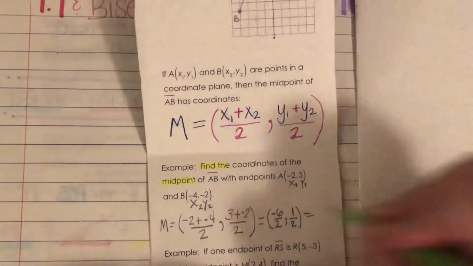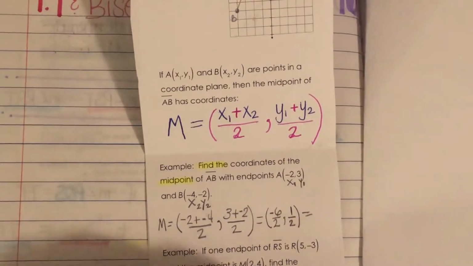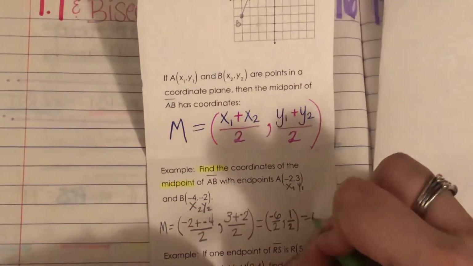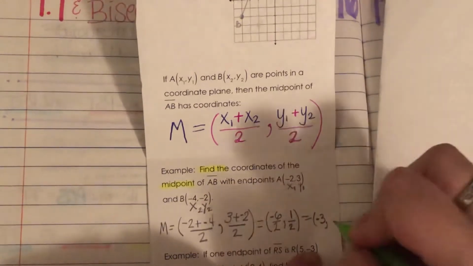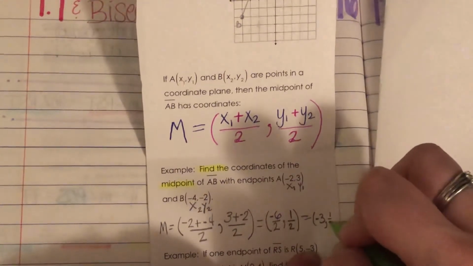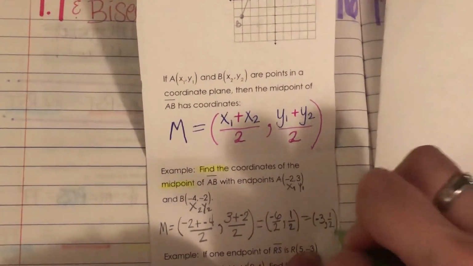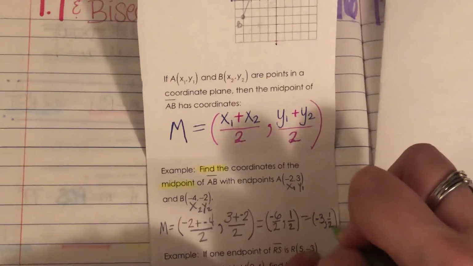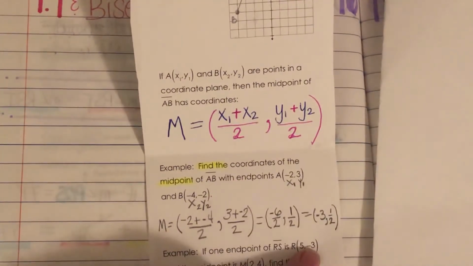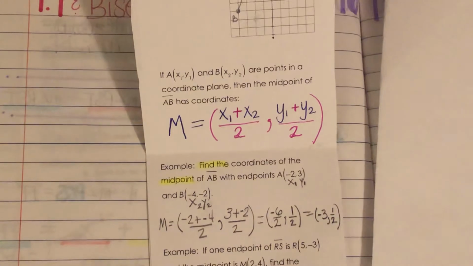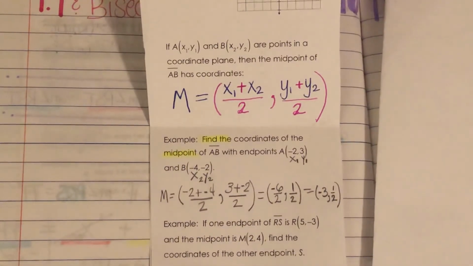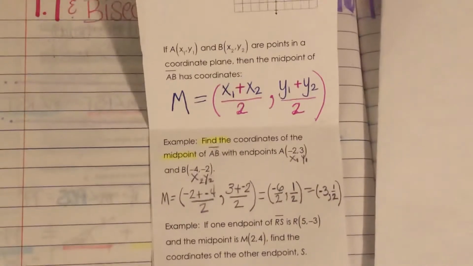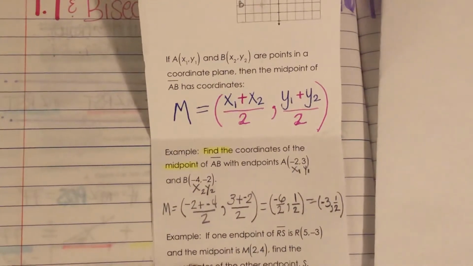All right, -6 divided by 2 is -3. And 1 divided by 2 stays the fraction 1/2. Could you change it to 0.5? Yeah, but most of the time I don't use fractions anyways, so it's fine to leave it as a fraction, okay? Plus your algebra teachers prefer it that way, okay?